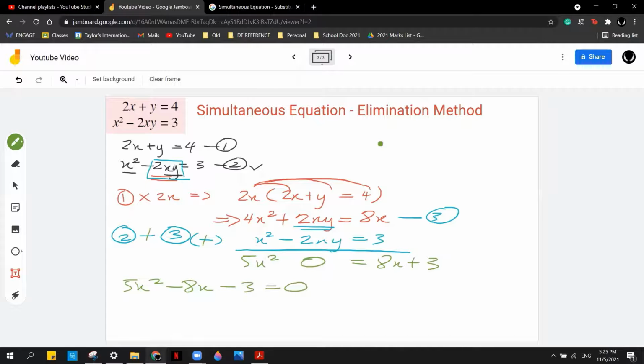Hence, when you do the factorization again, a is 5, b is negative 8, c is negative 3. We'll get the x1 value as 1.9136 and x2 as negative 0.3136.